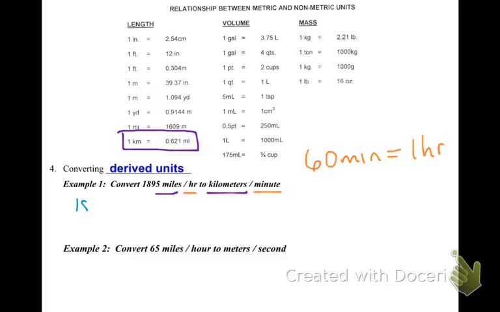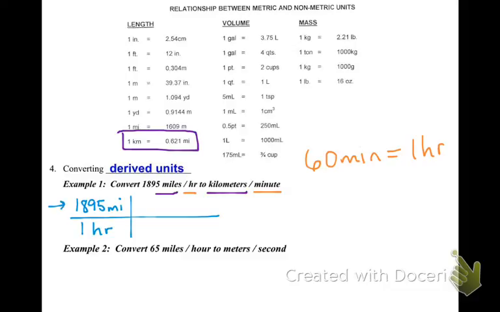So we have 1895 miles per, we still have our T-chart, per 1 hour. So the unit that's right next to the number goes on top, and then the per means 1 per 1 of whatever. So now let's just focus on our miles here.